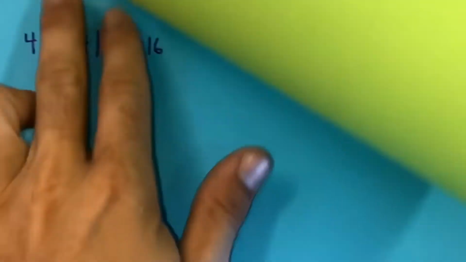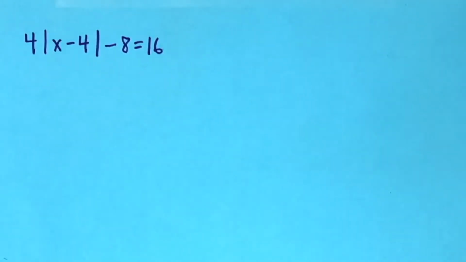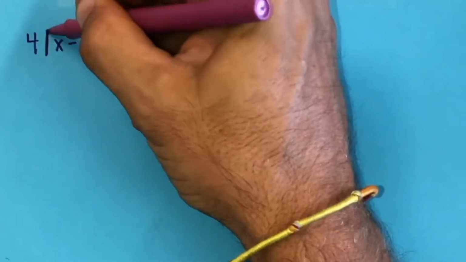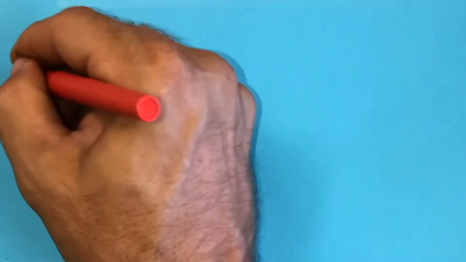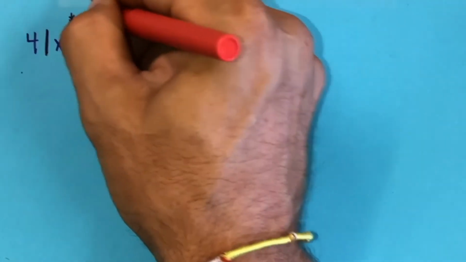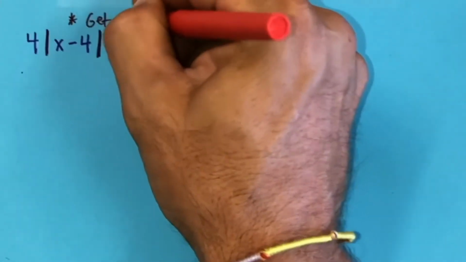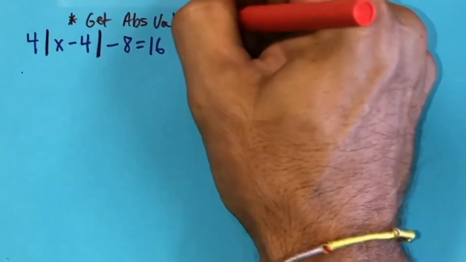Here's another good example. In the previous example, we had the x minus 8 by itself, and then we split it into two separate equations. In this one, there are a couple of additional steps. One, very important in this case, is to get the absolute value by itself.